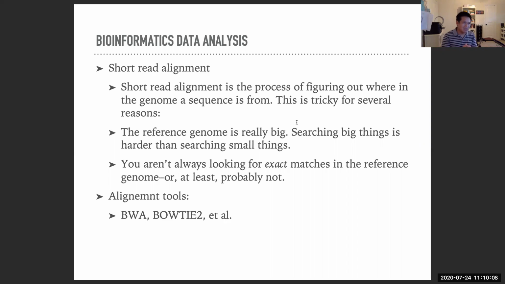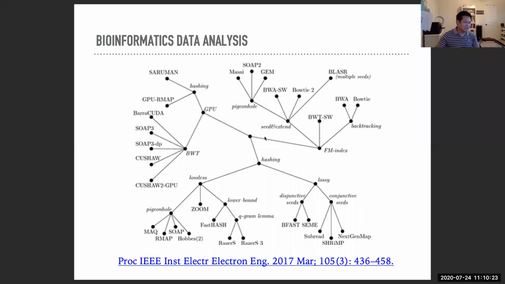Sometimes there are SNPs, sometimes indels, right? That makes it even harder. The good thing is we already have many tools developed, like BWA, very popular, and Bowtie2. I have this plot here of tools developed just for doing alignment. You see how many different tools have been developed. This is the most active bioinformatics research area.